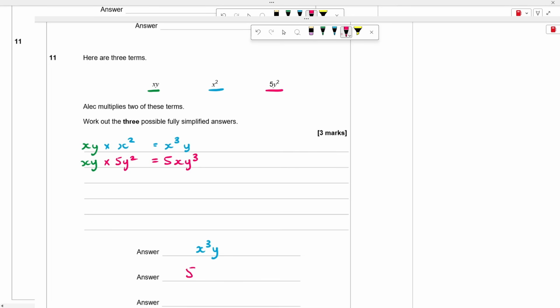So that's the other answer. And then finally, we multiply x squared by 5y squared, which gives us an answer of 5x squared y squared. And there are my simplified three answers.